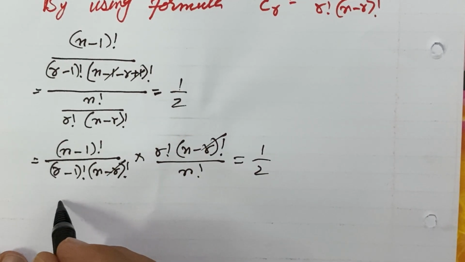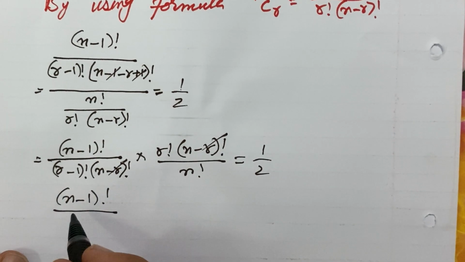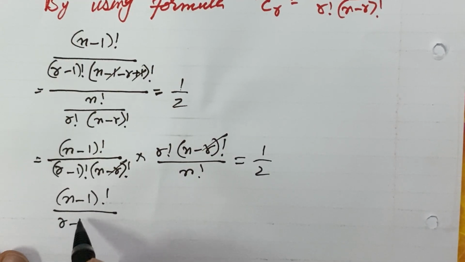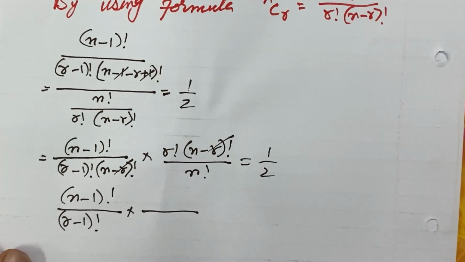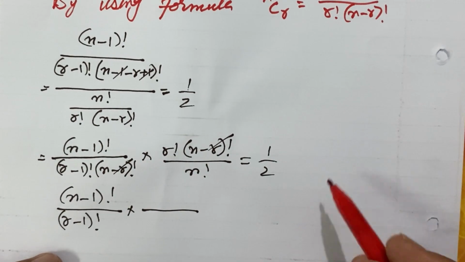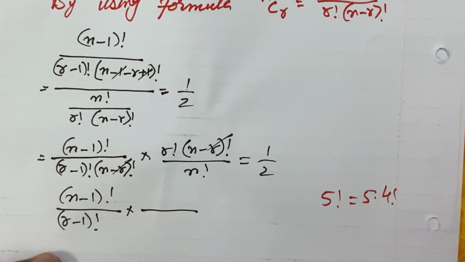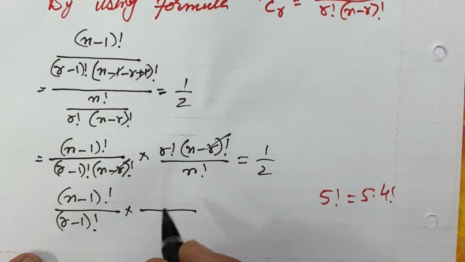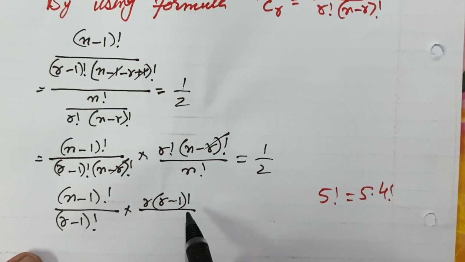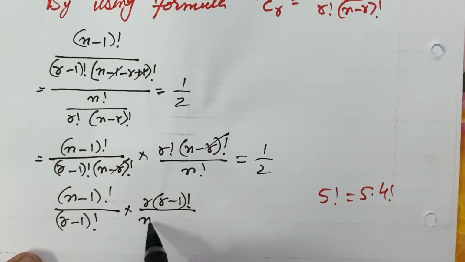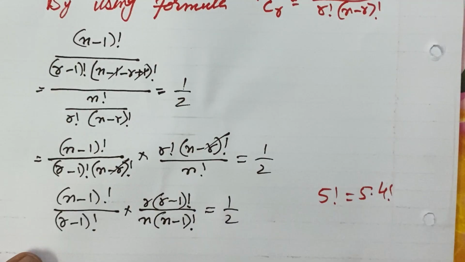Now (n minus 1) factorial over (r minus 1) factorial into r factorial. By using 5 factorial is equal to 5 into 4 factorial, r into (r minus 1) factorial over n into (n minus 1) factorial is equal to 1 by 2.